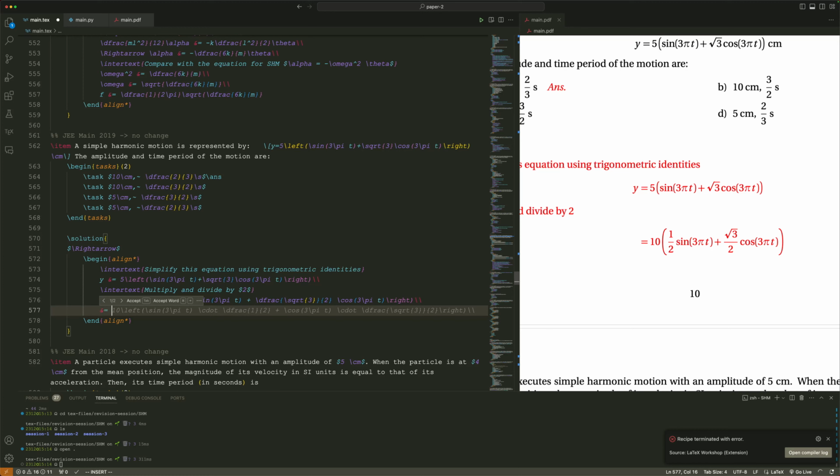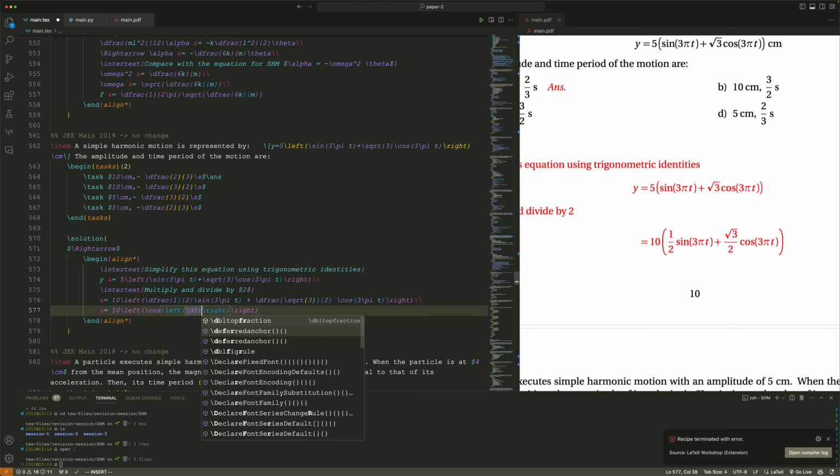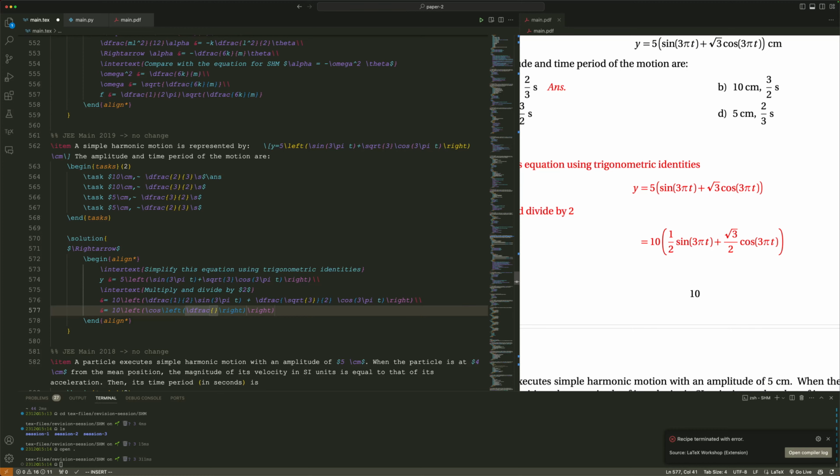We can say 10 times left, and half we can use as the cos of pi by 3, that means we can use left right pi by 3 and sine of 3 pi t.